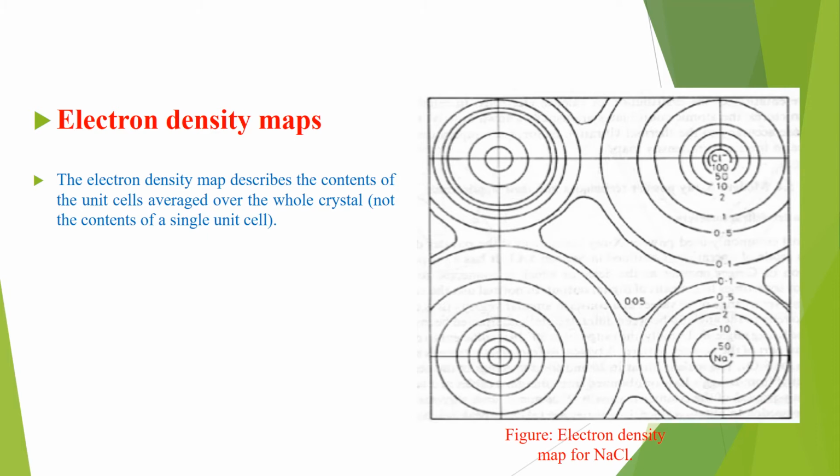Here is a figure which is showing the electron density map for NaCl. The electron density map describes the contents of the unit cells averaged over the whole crystal and not the content of a single unit cell.